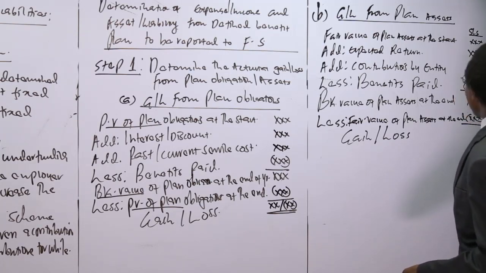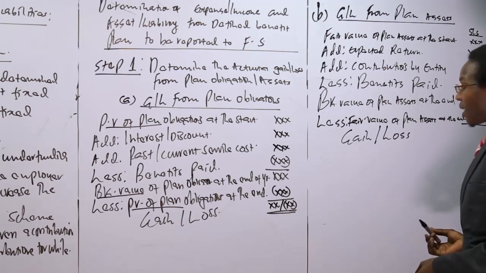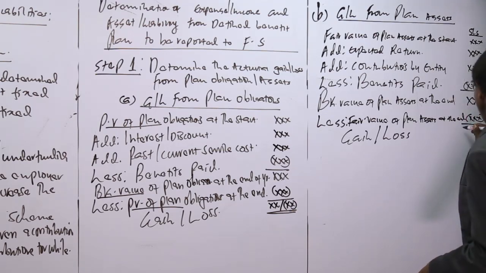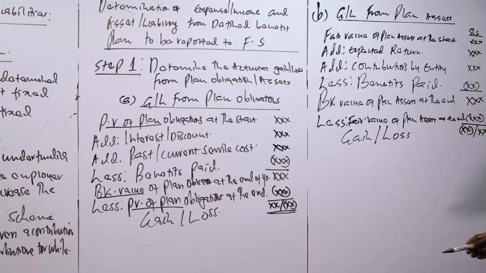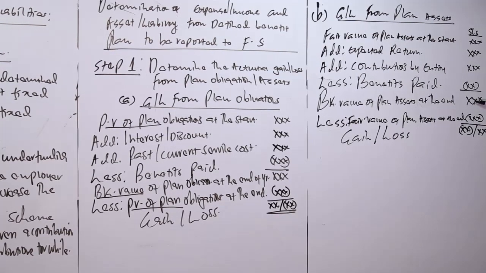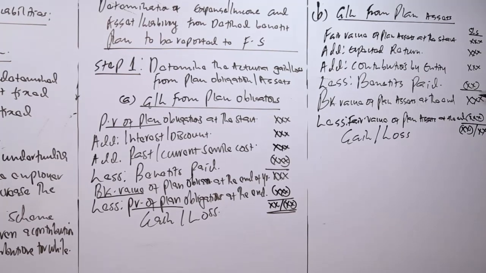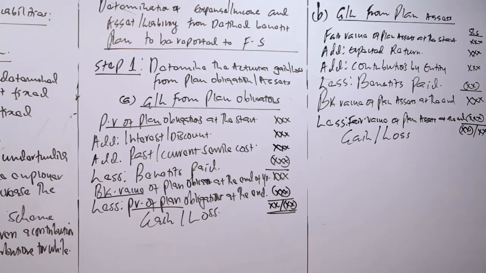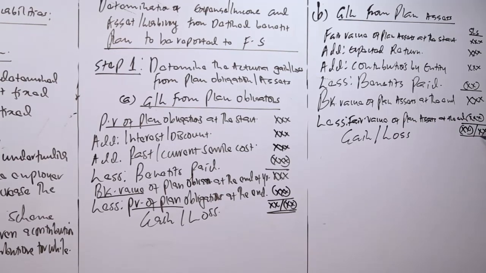If the book value is greater than the fair value, then that means there is a loss. But if it's the other way around, it will be a gain. And the other one, the same, it will be a gain if and only if the book value is less than the fair value. But if the book value is more than the fair value, then that will be an actuarial loss.